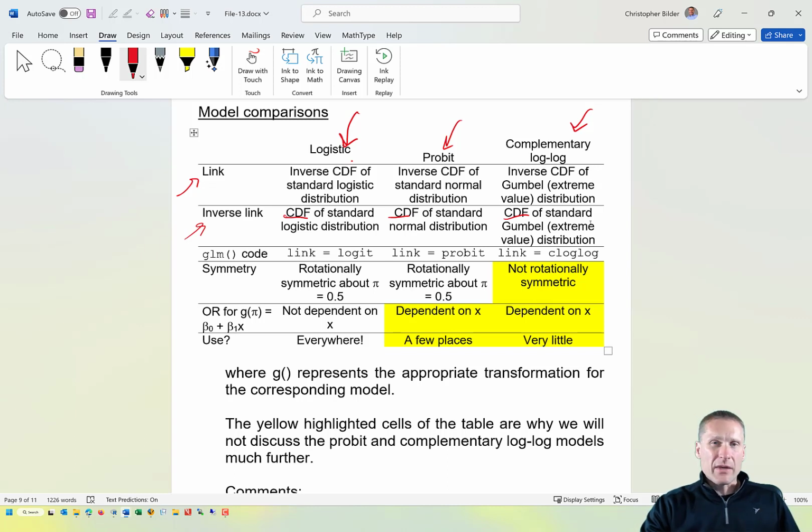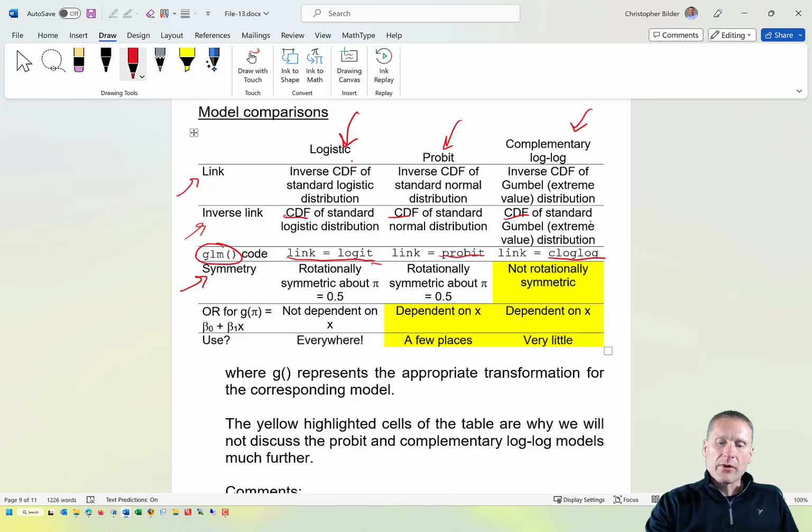How do I estimate these particular models in R? Again, I come to my glm function. For logistic regression, we've used link equal logit. For probit, link equal probit. And for complementary log-log, use cloglog. Okay. The next 3 rows correspond to some information about why these models are used or not used.